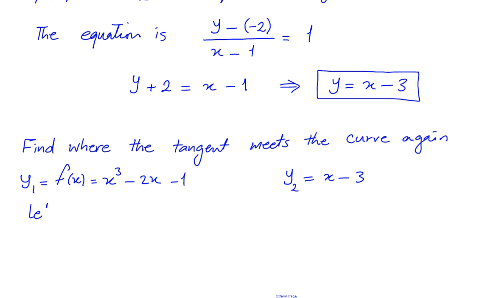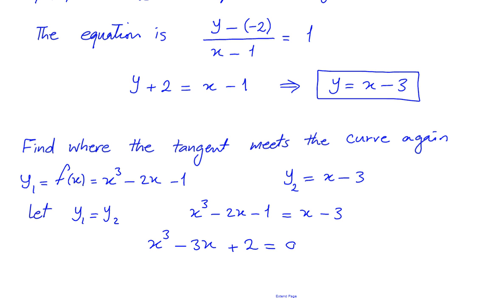So I'm going to let y1 equal to y2, which will give me x cubed minus 2x minus 1 is equal to x minus 3. Move them all to one side to make it a zero equation. So that would be x cubed minus 3x plus 2 equal to 0. And then from here I factorize it.